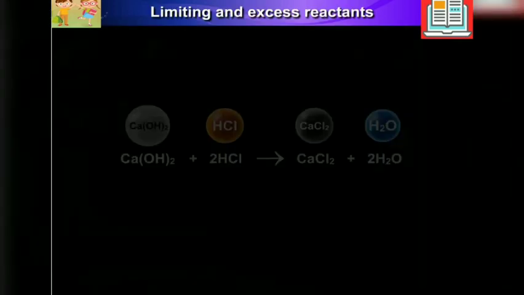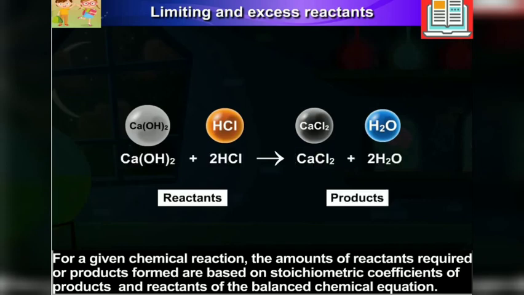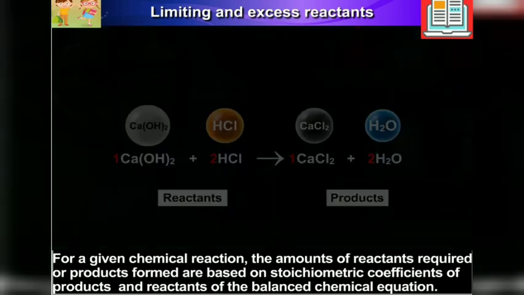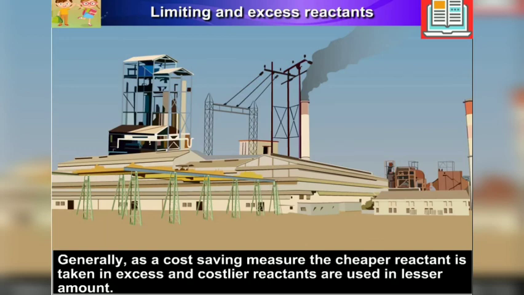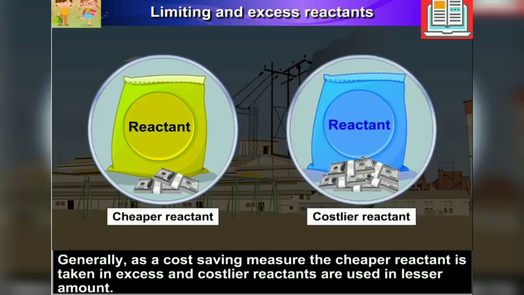Limiting and excess reactants. For a given chemical reaction, the amounts of reactants required or products formed are based on the stoichiometric coefficients of products and reactants of the balanced chemical equation. Generally, as a cost-saving measure, the cheaper reactant is taken in excess, and the costlier reactant is used in lesser amount.